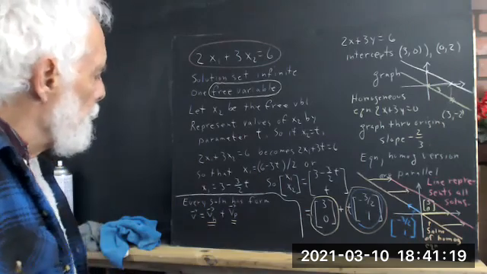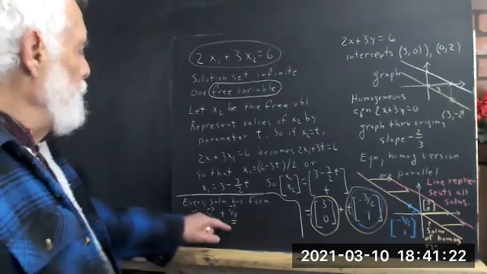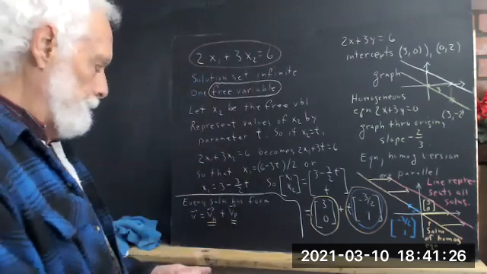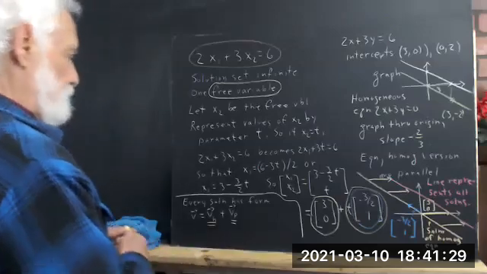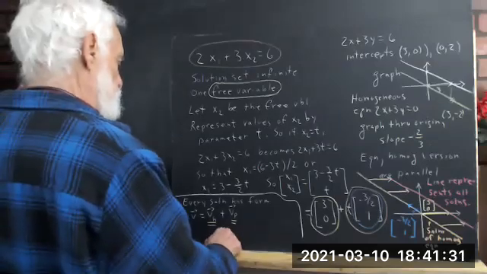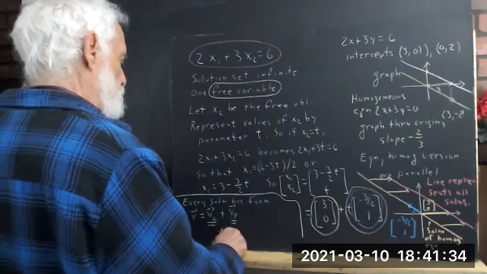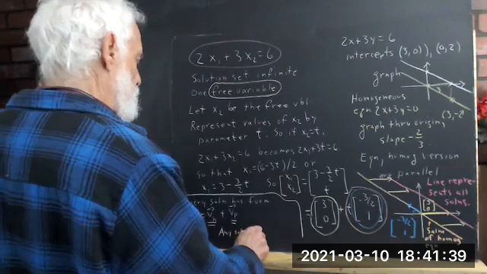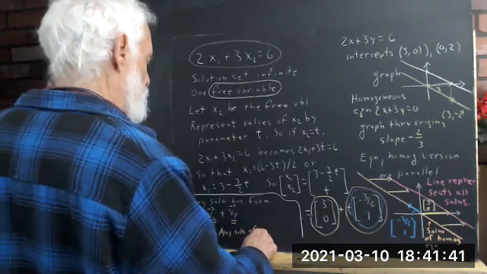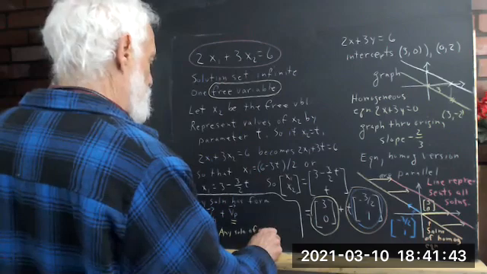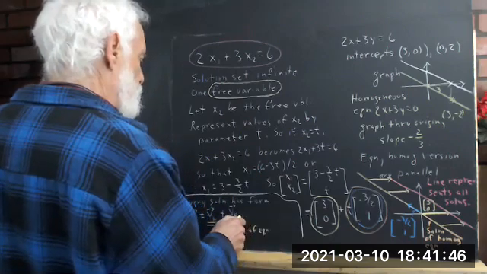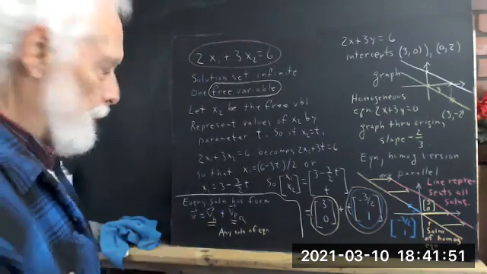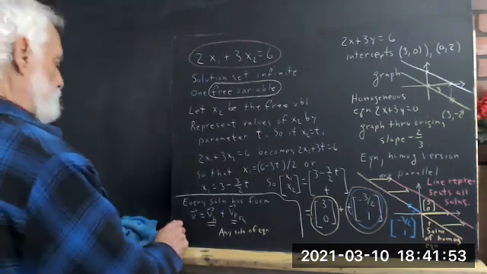And v sub P could be any solution of this equation. So this is any solution of the equation. This is a solution of the homogeneous equation.